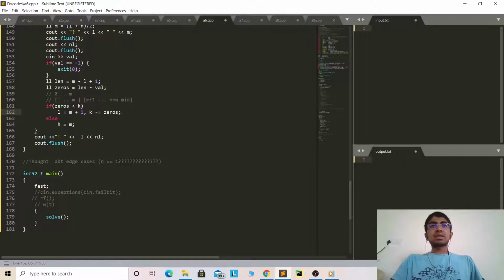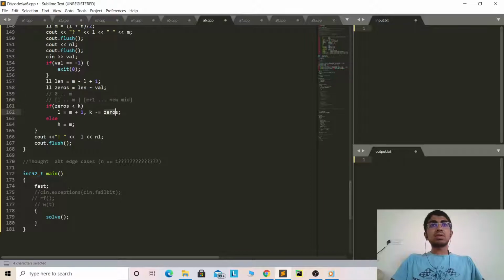The reason is that in the next iteration we handle M plus 1 till the new mid value. We are not handling L to M; we are handling the new subarray. There we should not consider the already processed zeros.